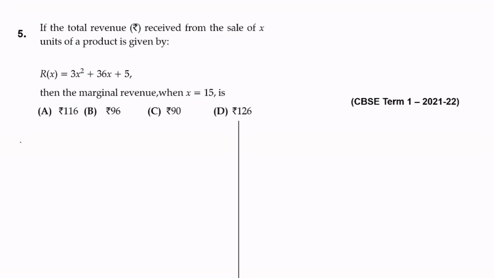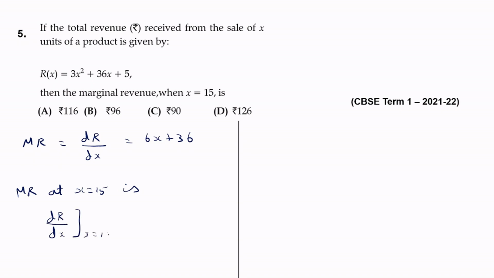We know that marginal revenue equal to dr by dx, it is 6x plus 36. When x equal to 15, marginal revenue at x is equal to 15 is dr by dx at x equal to 15.